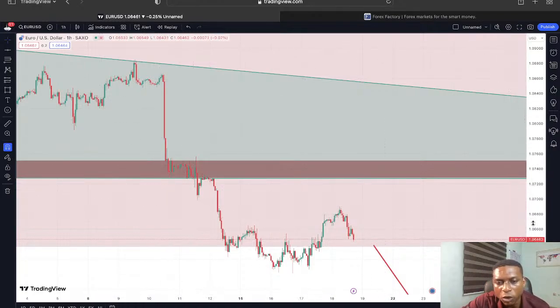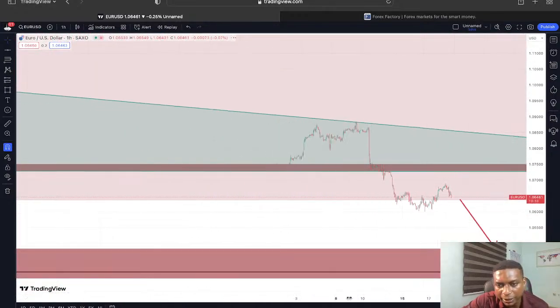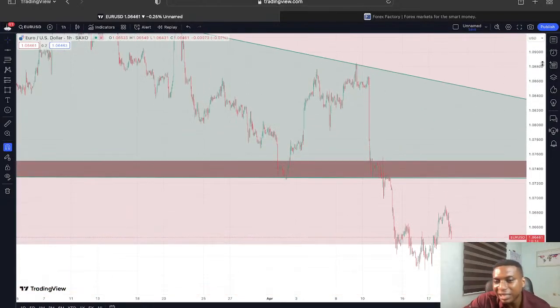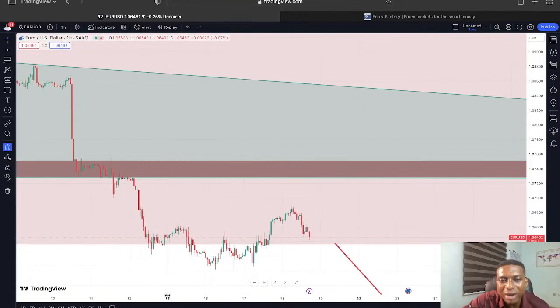Of course, there will always be a retest, right? Sometimes the retest might happen immediately the price drops. Sometimes the retest might not happen. So the retest already happened.